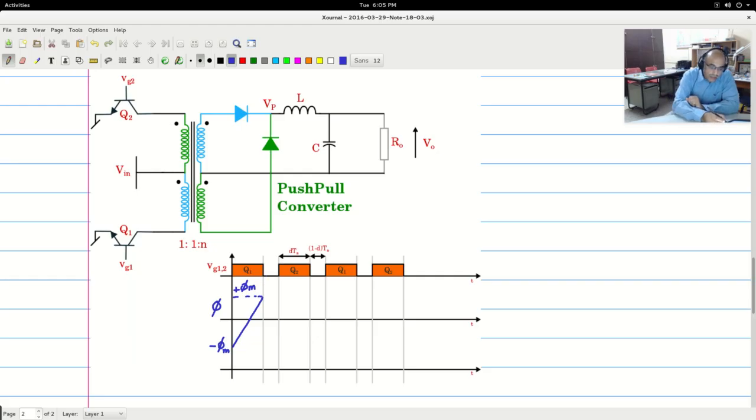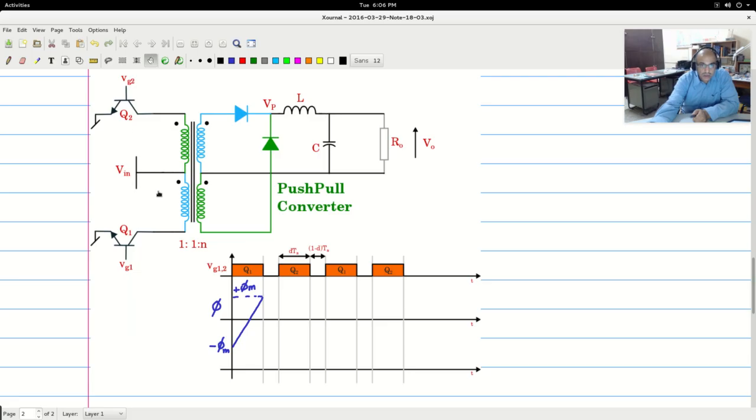And then during the time when both Q1 and Q2 are off, the inductor current goes in this fashion. At this point, it equally divides in this way and in this way. So the inductor current IL will divide into IL by 2 on this side and IL by 2 on this side, they join and then again become IL.